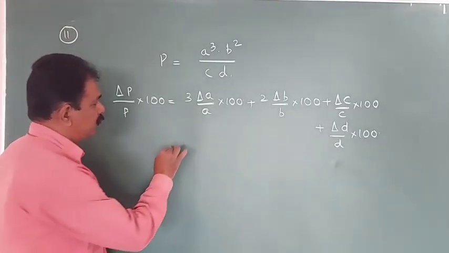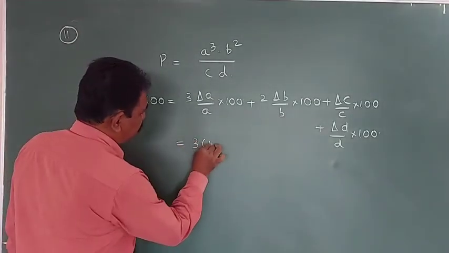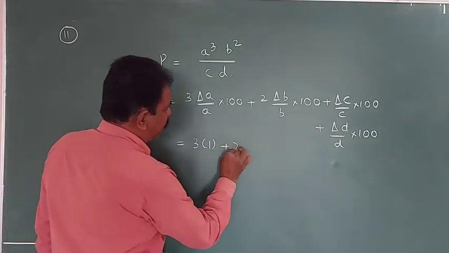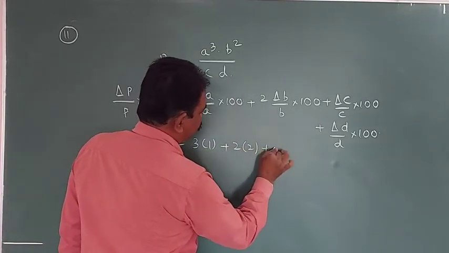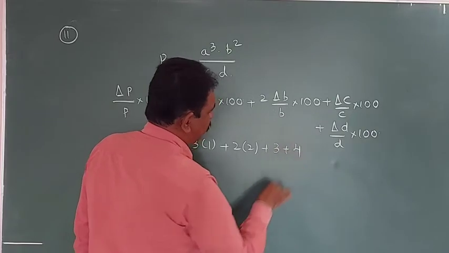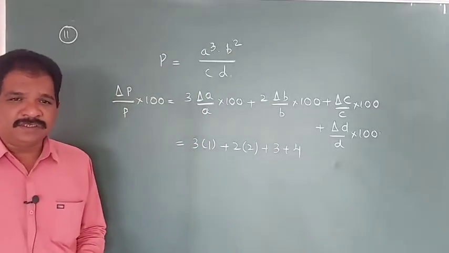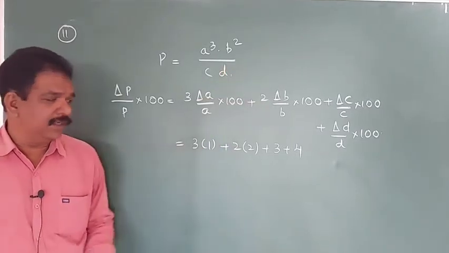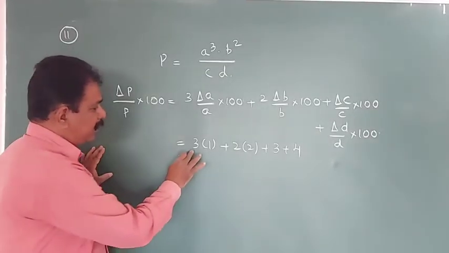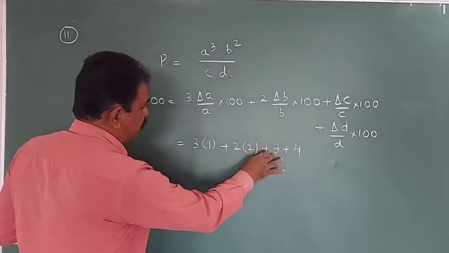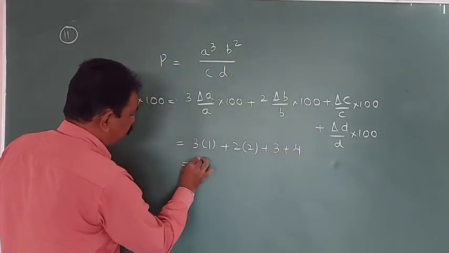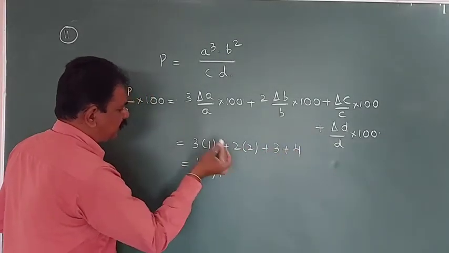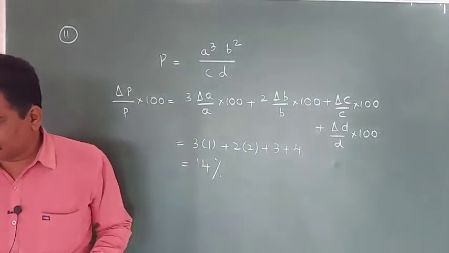So this is equal to A percentage 1, B percentage 2, C percentage 3, D percentage 4, the percentage errors in the measurement of A, B, C, D. So this will be 3 plus 4, 7 plus 3, 10 plus 4, finally 14%.